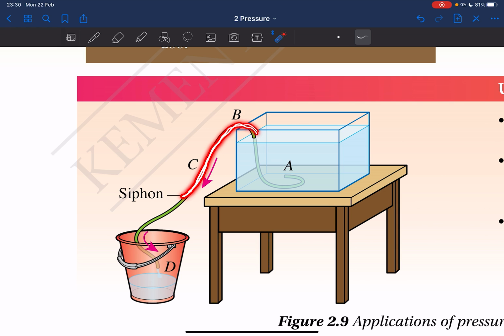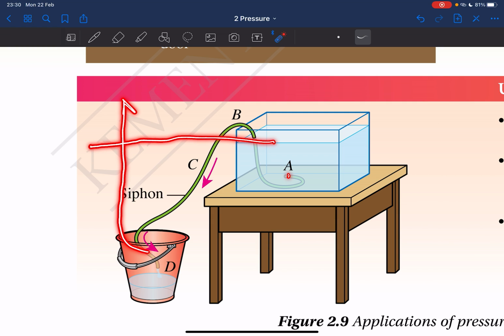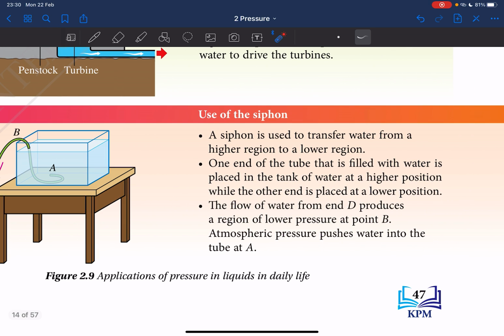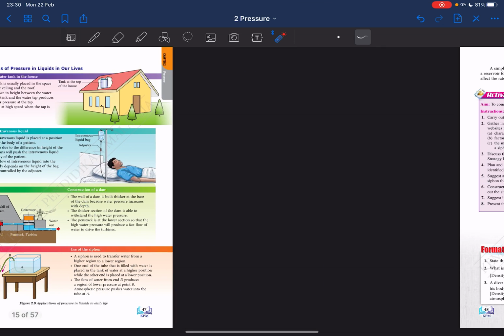That is why, as long as you don't move the end of this D higher than this level, then the water will keep flowing until the aquarium or the tube or this region is completely drained of water. Okay, that is how a siphon works. Any question?